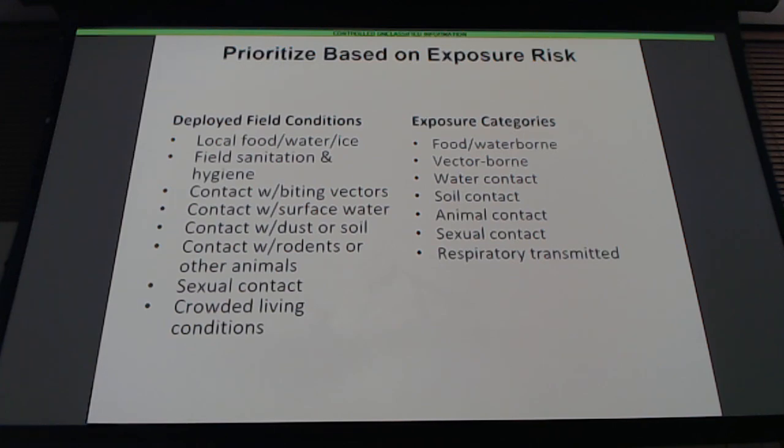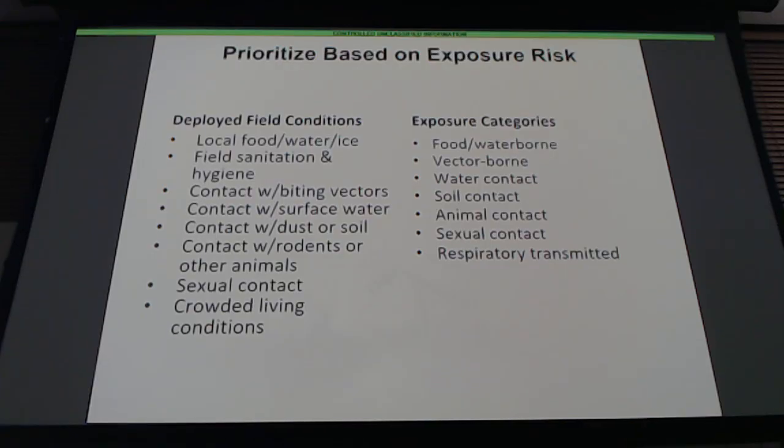Things that you need to prioritize for risk of exposures when you're employed, for exposure categories. Right? What we want to do is try to preserve, maintain, and restore the health of the military population as a whole. Okay?